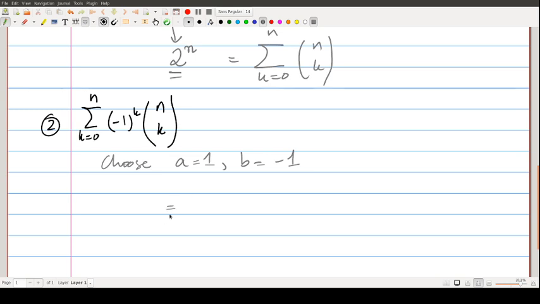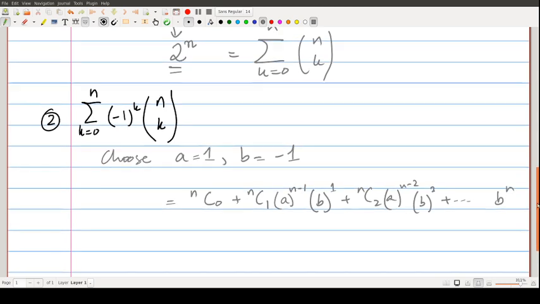I get summation, so the first term is going to be nc0, second term is nc1, let's just write a to the power n minus 1, and b to the power 1, plus nc2, a to the power n minus 2, b raised to the power 2, and so on up until b is raised to the power n, right?